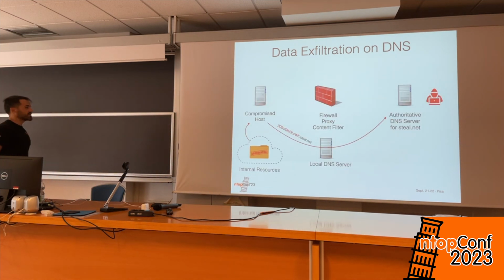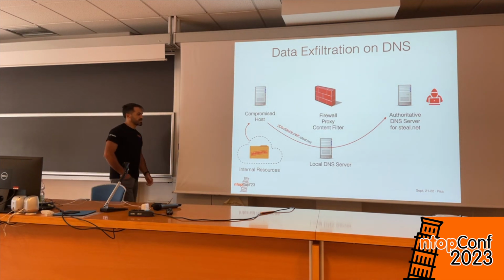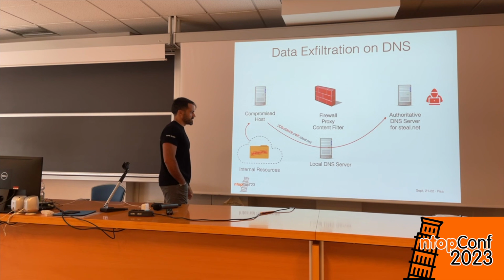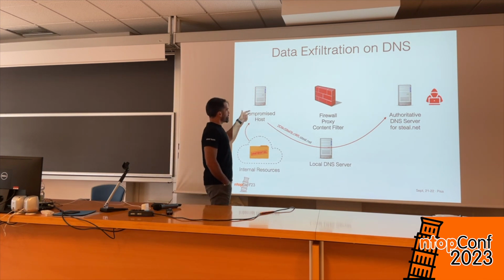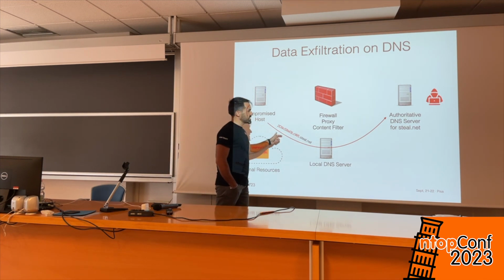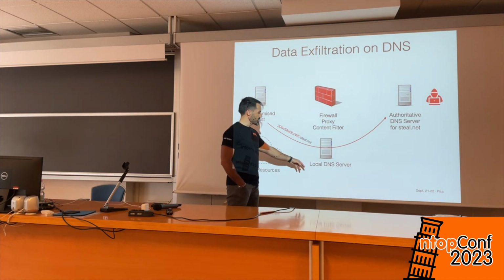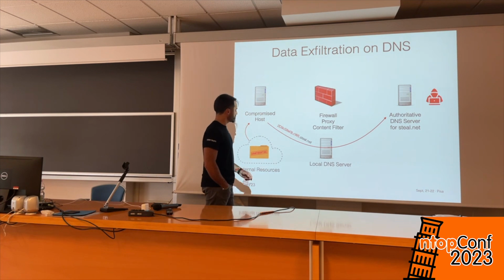So in practice, what happens with DNS, this is just one of the techniques that you can have for exfiltrating data over DNS. You have a compromised host which is doing a DNS request to an external server, even through our local DNS resolver.